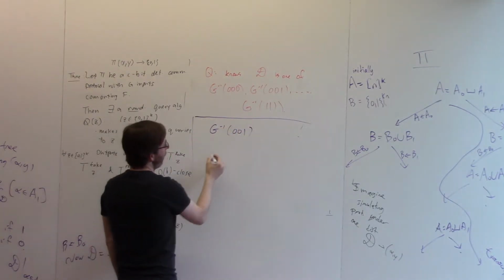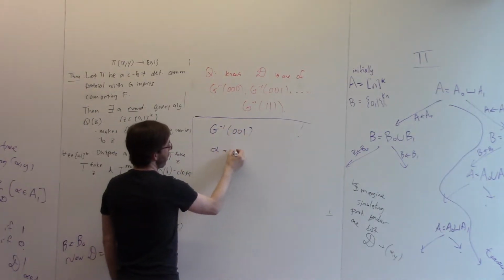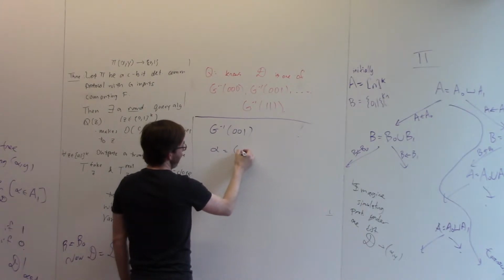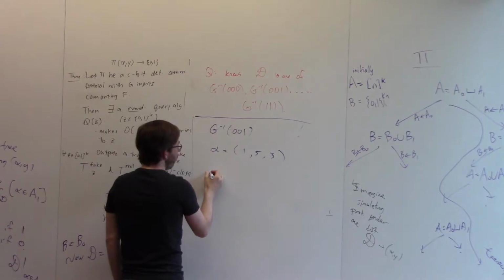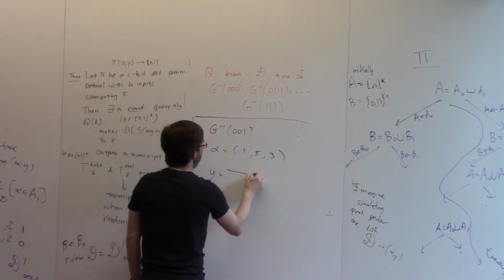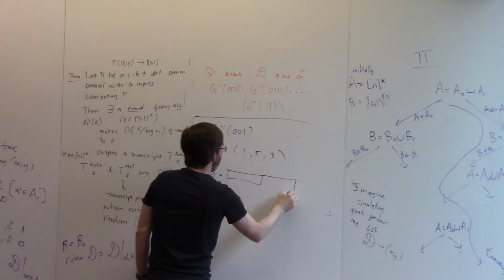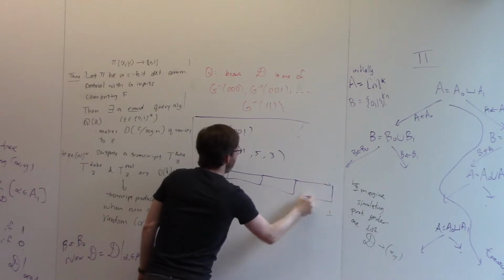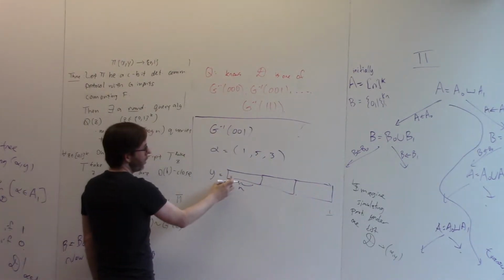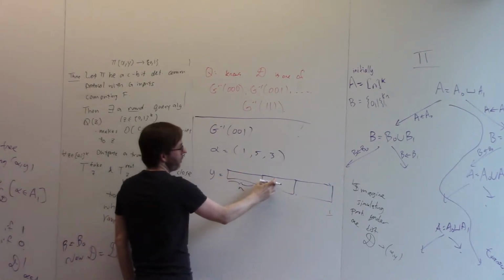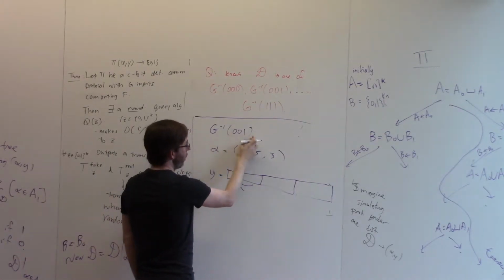We're looking now for all alphas, which are triples of coordinates, like maybe 1, 5, 3, and all y's, which are 3 long bit strings in a row. These have length n, such that when you take the first bit from here, the fifth bit from here, and the third bit from here, you get 0, 0, 1.